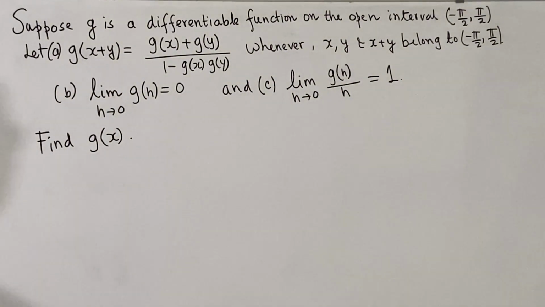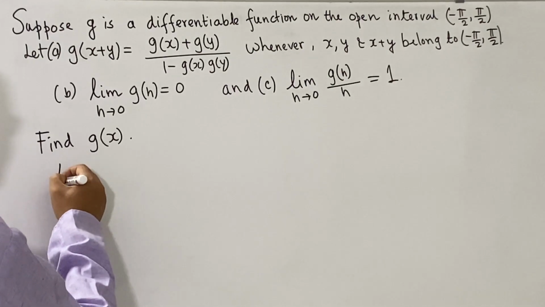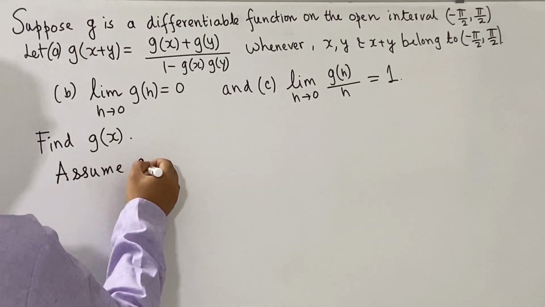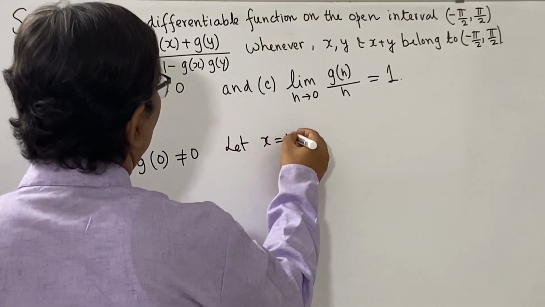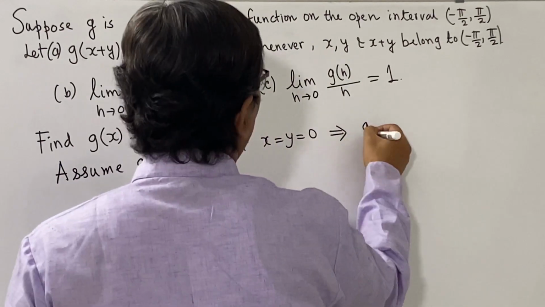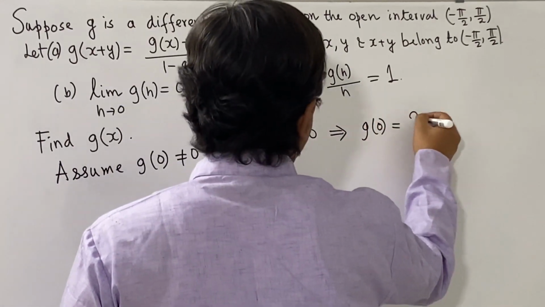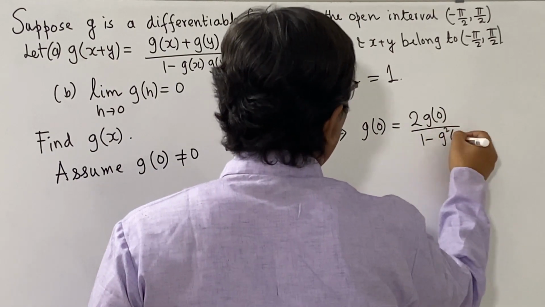So we begin by finding the value of g0. Let us first assume that g of 0 is not equal to 0. Let x equal to y equal to 0 in this equation. That gives us g of 0 is equal to twice g0 divided by 1 minus g square 0.